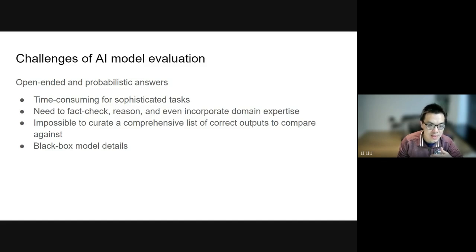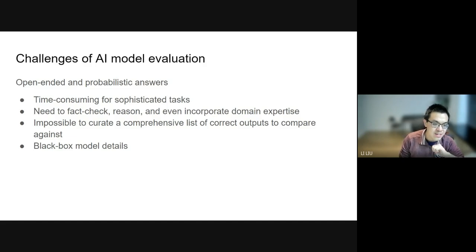The second is that you also need to do fact checking, reasoning, and even incorporate domain expertise to evaluate the model response. Still with the example of document summary, if it's a medical or law document, you need some domain expertise to better understand whether the summary is good or not.